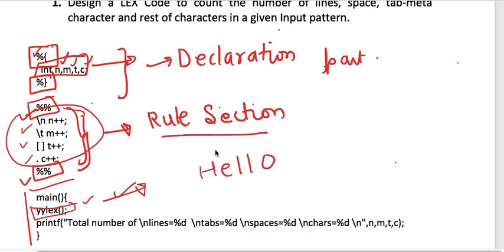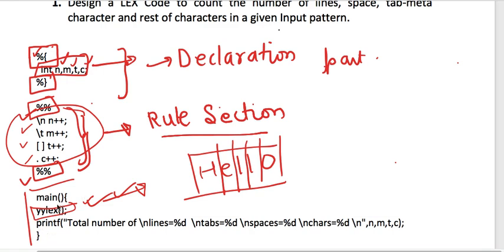Suppose "hello" is given, then it will read character by character, and that part will be done with the help of the yylex method. So these three are the total sections in our program.